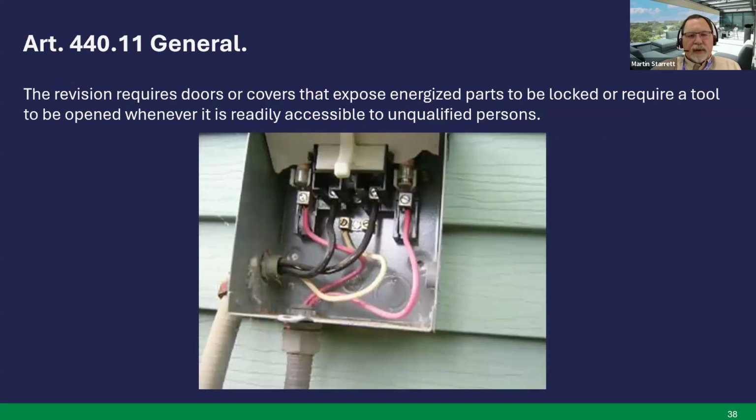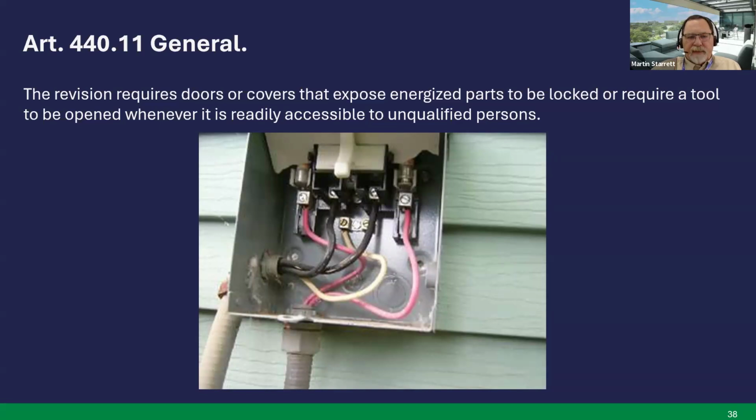440.11 general. The revision requires doors or covers that expose electrical parts to be locked or require a tool to be opened whenever it is readily accessible to unqualified persons. There's a picture of an air conditioner pull-out type disconnect without the cover on it, but most of these now have covers.